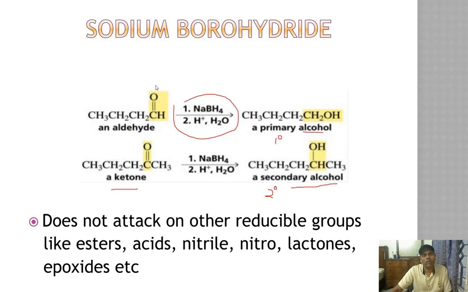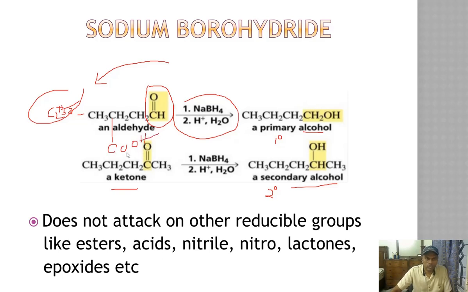Suppose you have a ketonic group or an aldehyde group, and along with that you have an ester group or an acetyl group, it's not going to attack these groups. Even if you have a carboxylic acid group over here, it is not going to attack it. It is not going to reduce this.